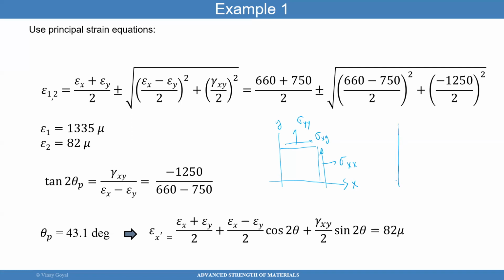And so I was trying to find the principal planes, which occur at an angle of 43.1, meaning if I look at that same box, this is going to be 82 microns, and this will be the 1335 microns.